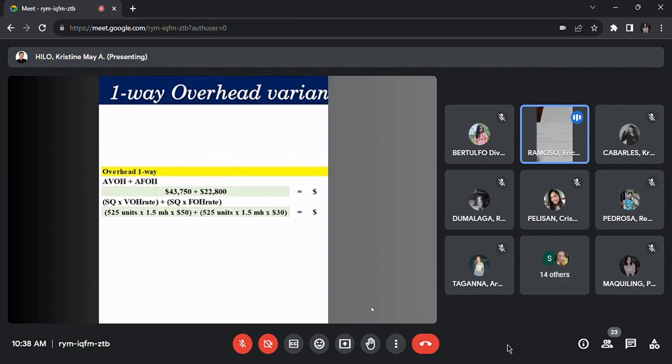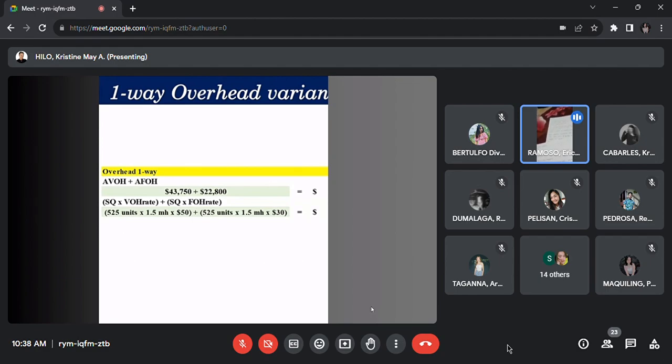So our one-way is actual variable plus actual fixed overhead. The given is 43,750 plus 22,800, so equals 66,550.